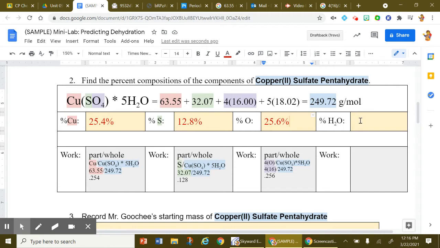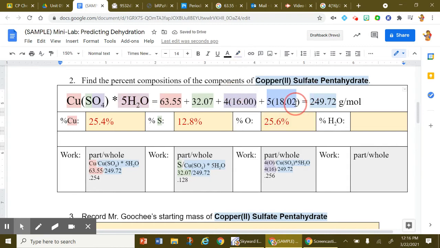Lastly, the H2O, okay? Once again, we're looking for the part of this that is H2O divided by the entire molar mass. Now, just like there were four oxygens here, this substance contains five H2Os.